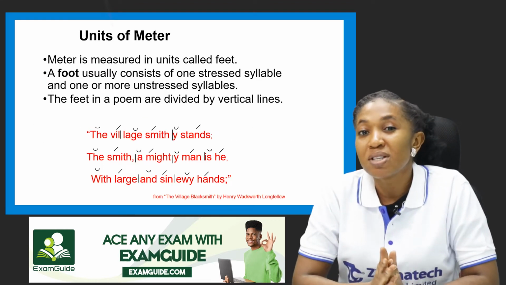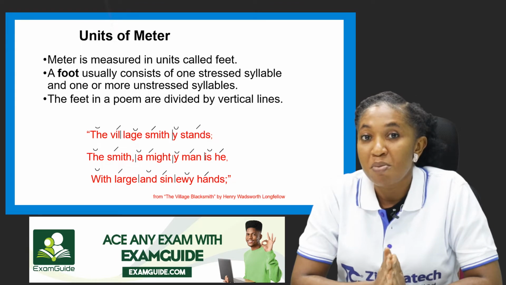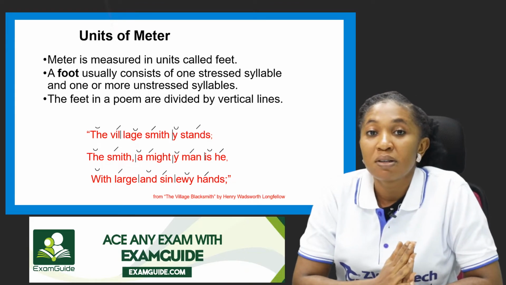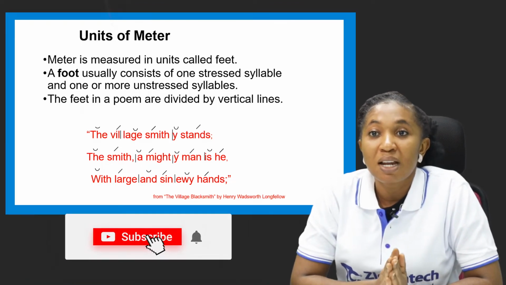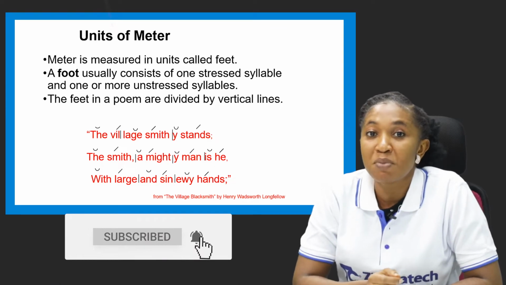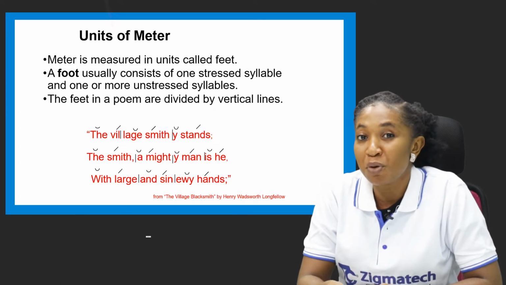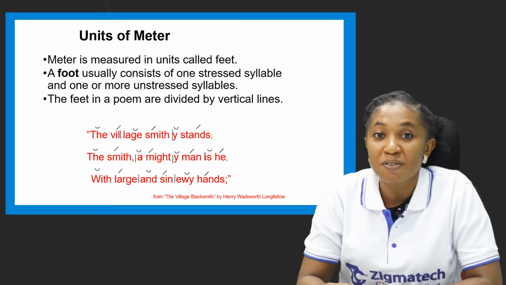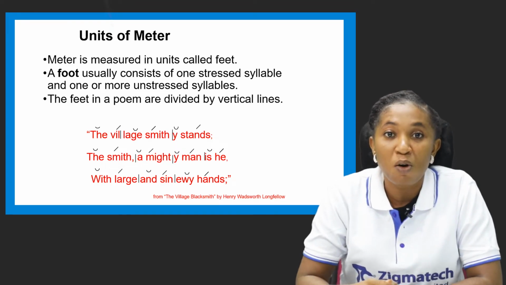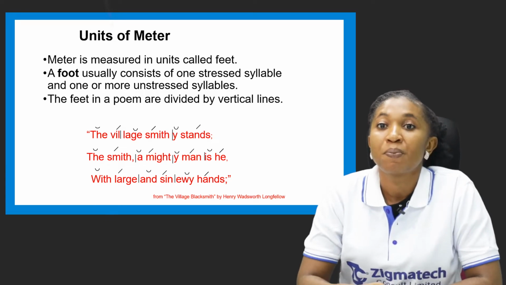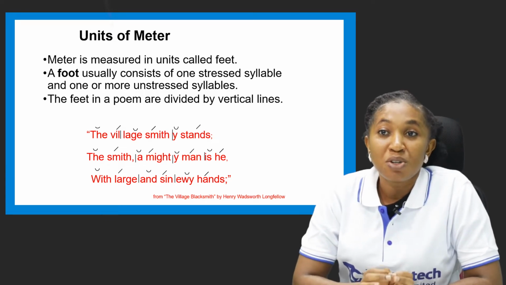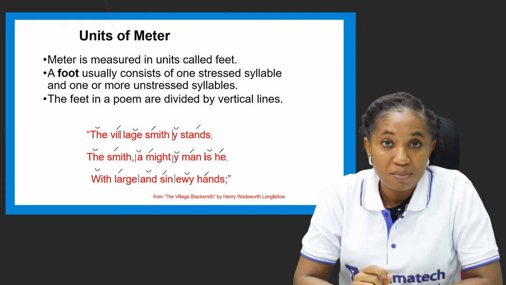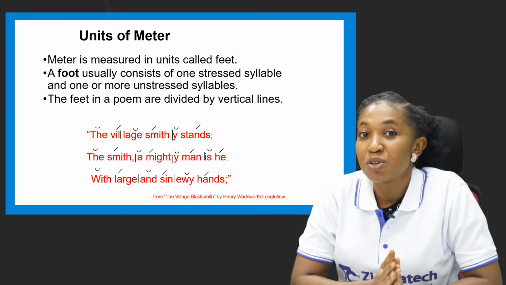Now let's look at the units of meter proper. Remember, we've already defined what meter is. Now let's look at the different units of meter, how lines of poetry are measured, and how you can identify the metrical pattern of lines in poetry. A meter is measured in units called feet.